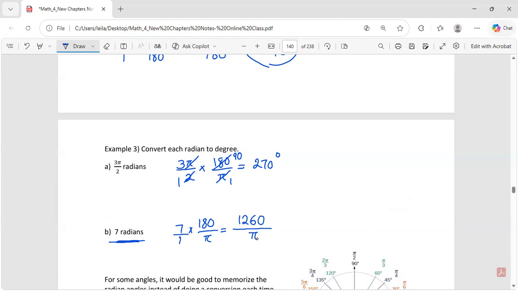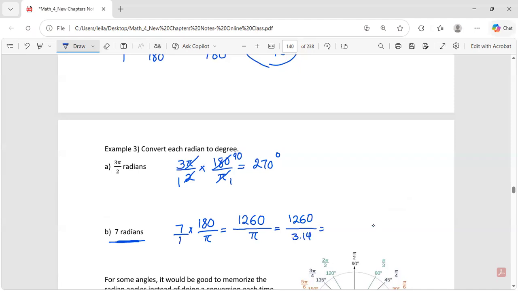But I'm not going to leave numbers in terms of pi when I am converting to degree. So now what do we do? We replace the pi by 3.14 or use the pi key in the calculator and just divide 1260 by pi.